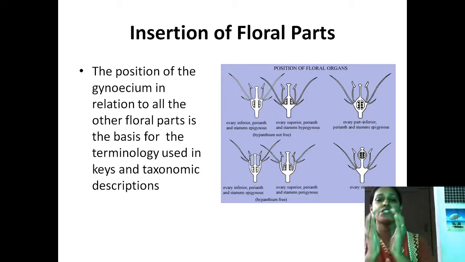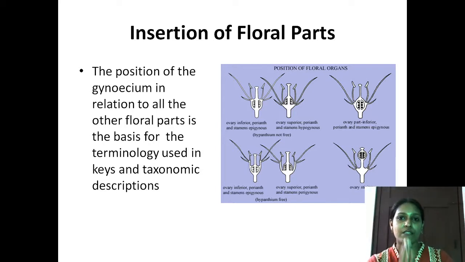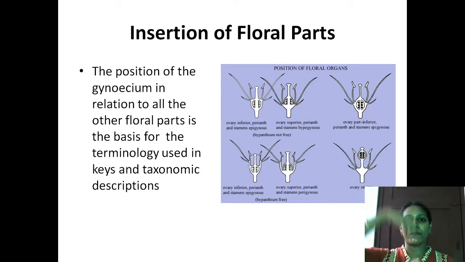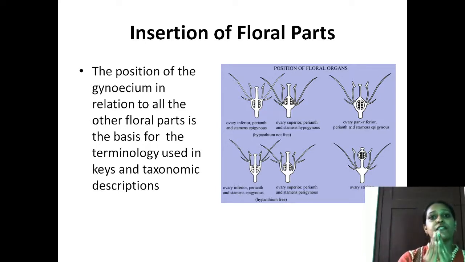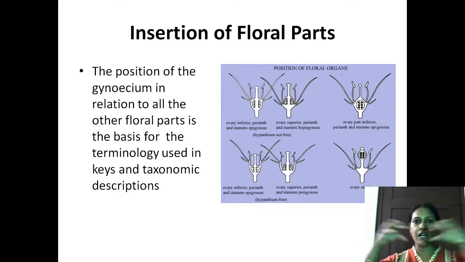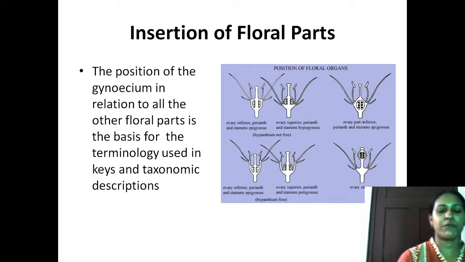If the gynoecium is placed below and all the appendages come from the top, then we call it epigynous. If the gynoecium is half superior and half inferior, then it is known as perigynous flowers. The appendages arise from midway along the gynoecium. This is called perigynous. I will deal with it in detail.